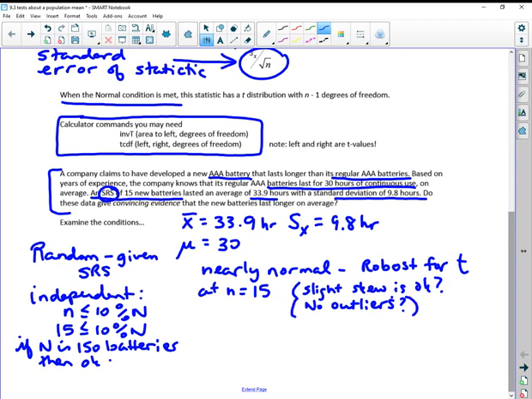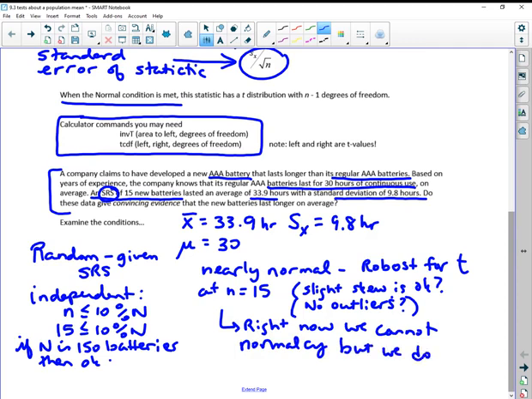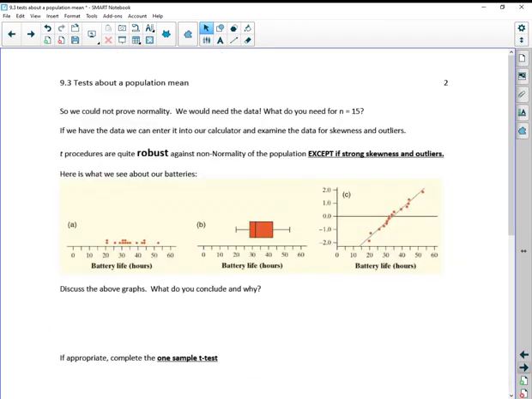So right now, we cannot establish normalcy, but we do know T is robust. So we'd need more information, and it's a good thing that on the next page we have it. So let's go to the next page.